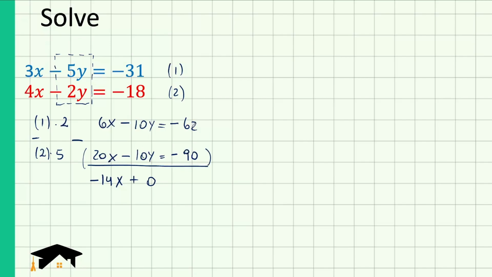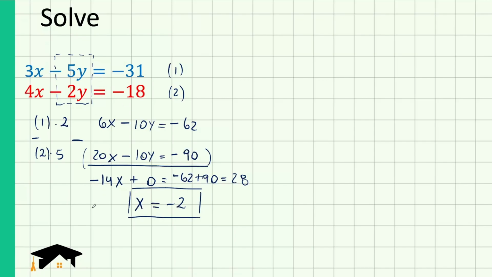And minus 62 minus minus 90 is minus 62 plus 90. And this is 28. So we have minus 14x equals 28. So x will be, dividing by minus 14, minus 2.